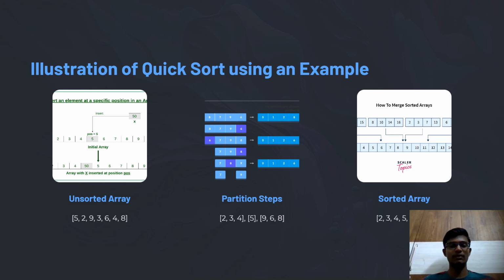If we repeat this process recursively over a period of time, we will get a sorted array, that is 2, 3, 4, 5, 6, 8, and 9. Through this process, the quicksort algorithm works in this way.